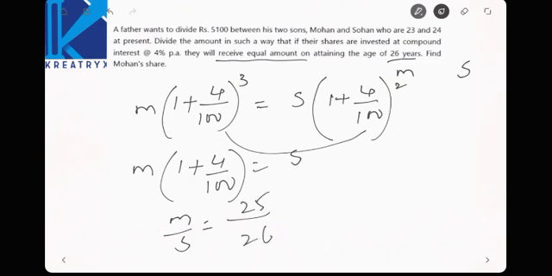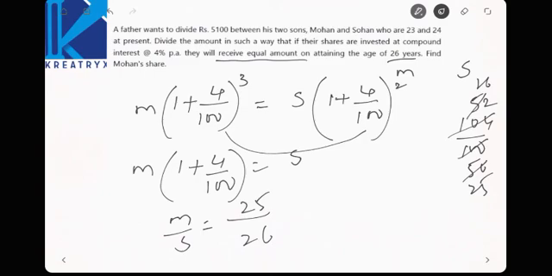Now see here, 104 by 100 is nothing but equal to 52 by 50, and that is nothing but 26 by 25. Now upon crisscross we will get m by s as 25 by 26.